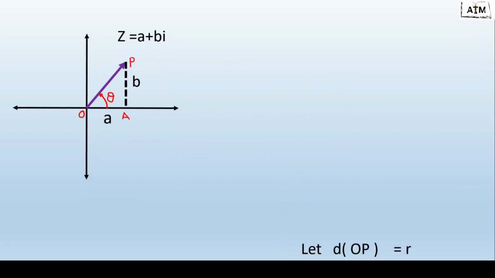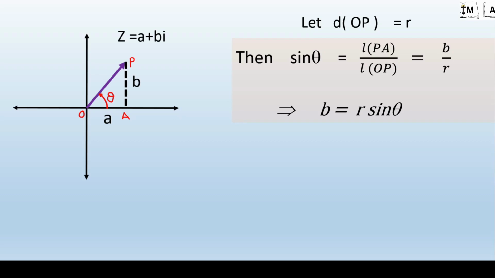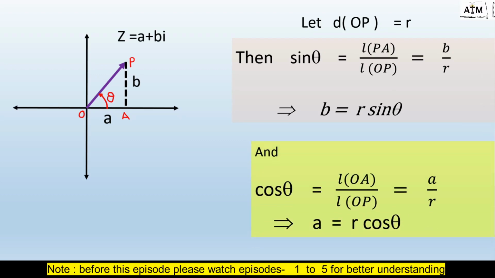From this figure, we obtain sin theta equals b upon r, which implies b equals r sin theta, and cos theta equals a upon r, which implies a equals r cos theta.